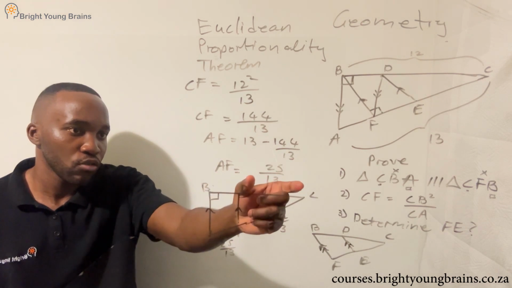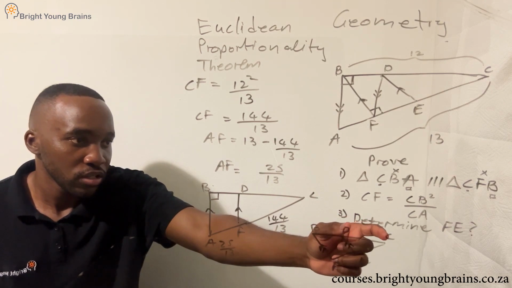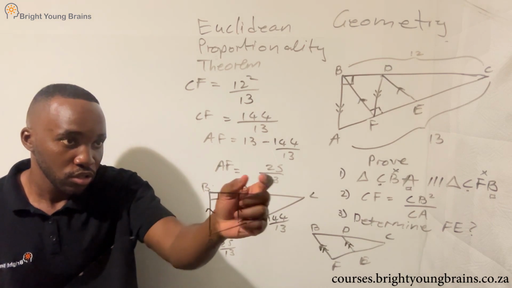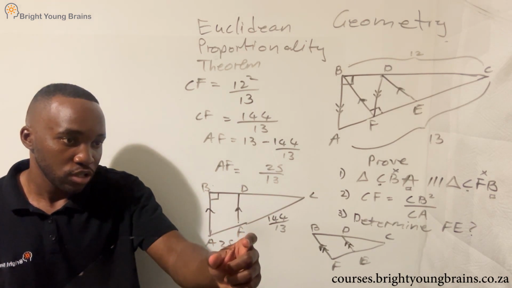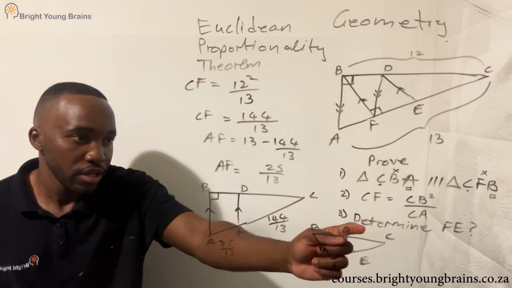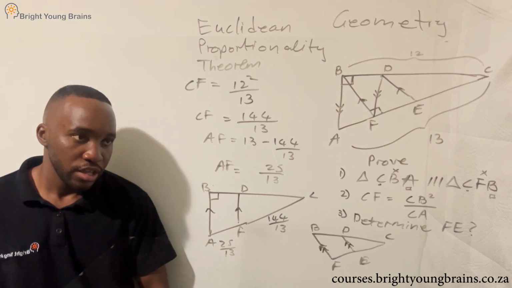Imagine if you get BD over DC, you can use that BD over DC to have a value for FE over there, because this over this is equal to this over this, right? And then because you will have the BD and the DC, you'll have something for FE and for EC there.